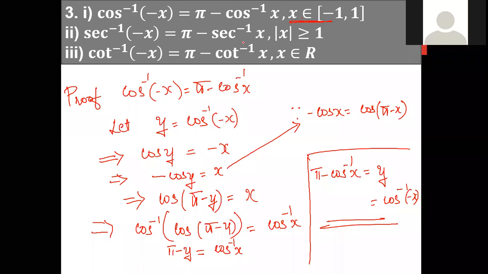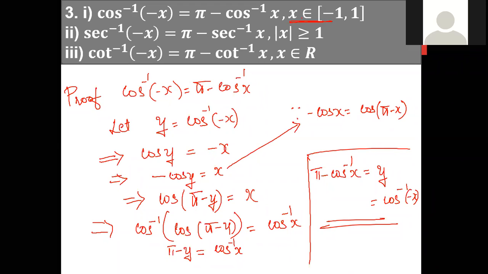Once again, I'll read the steps of this property, and then we'll solve with respect to secant inverse x also. So what I have done, I have taken y is equal to cos inverse of minus x. Then I can write cos y is equal to minus x. Correct?